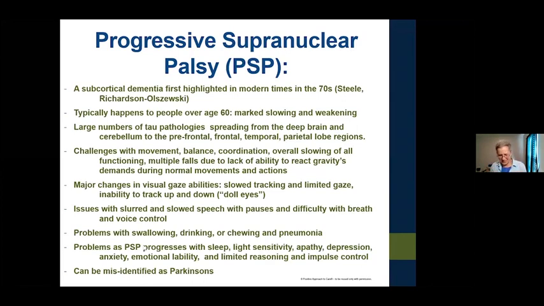what you'll see is called the doll's eye phenomenon. You know, the baby dolls that have the lids that when you tip them, their eyes open or shut. If you lay the baby down, what do the eyes do? They close. So when I lay back, or if I tip my head back, my eyes close.